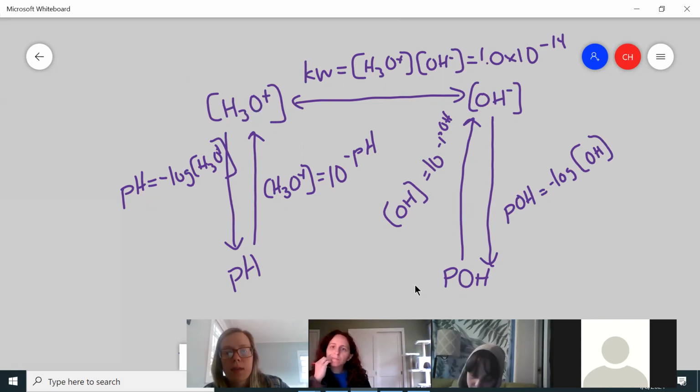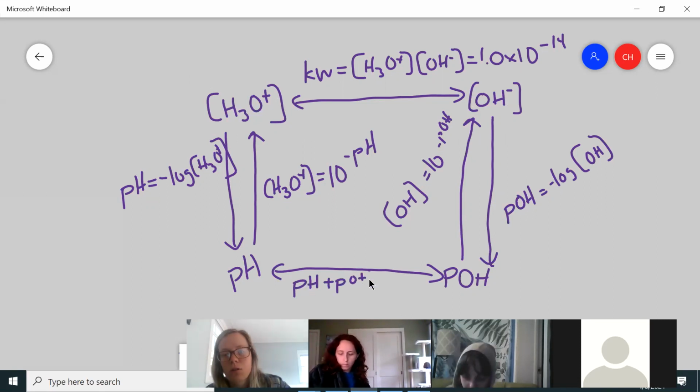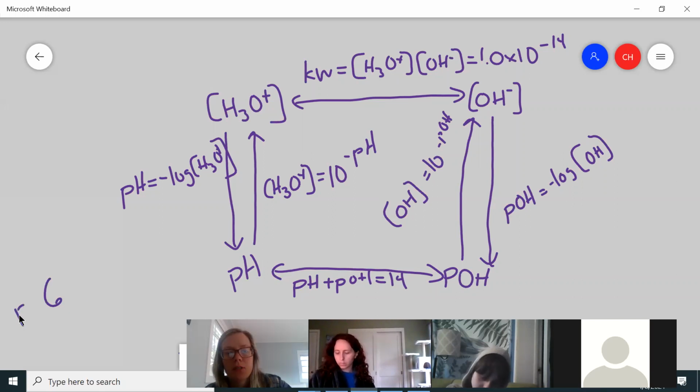One more thing that we can fill in is this right here. In this area, pH plus pOH always equals 14. So if you have a pH of 6, right, pH equals 6, your pOH will equal 14 minus 6, or 8.